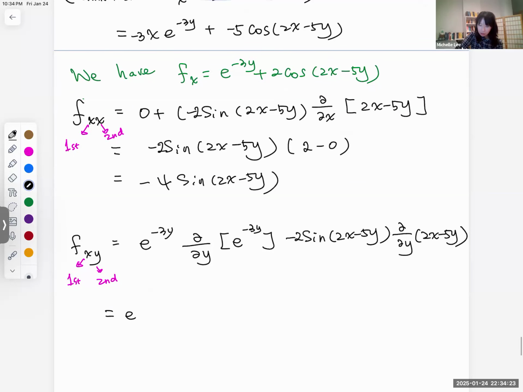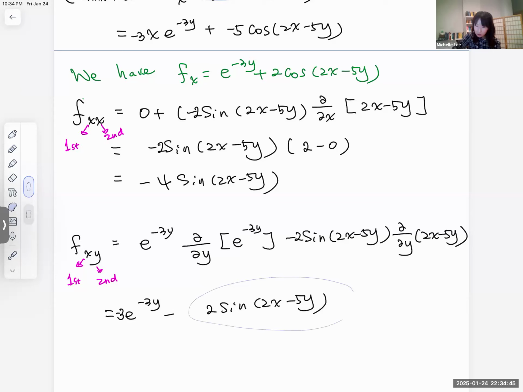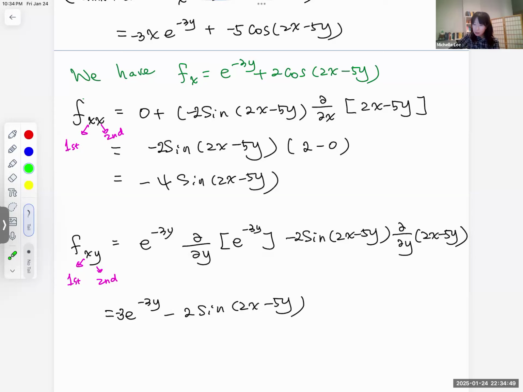So we have e to the negative 3y, whose derivative with respect to y is negative 3, and minus 2 sine of 2x minus 5y, whose derivative with respect to y is 0 minus 5.